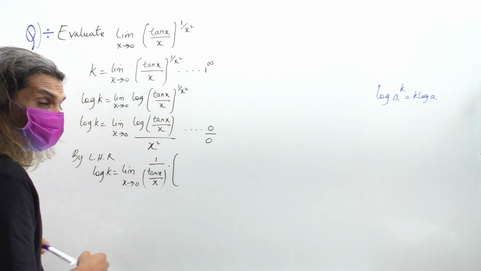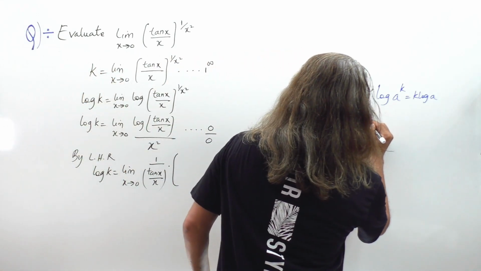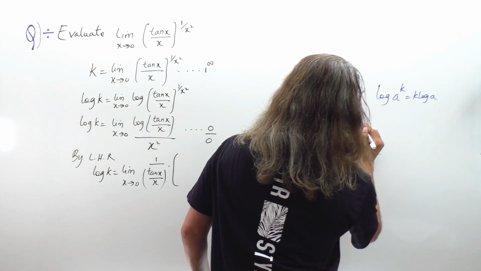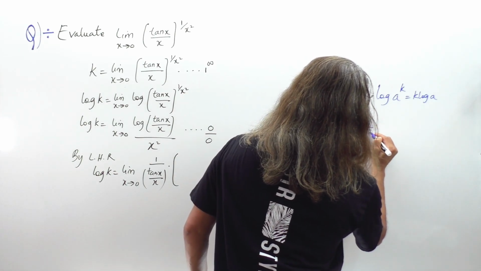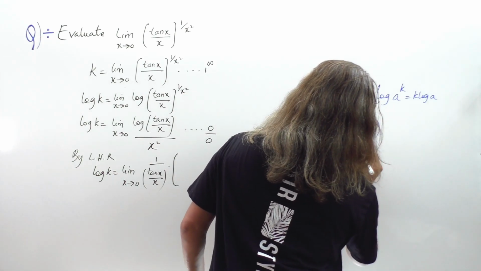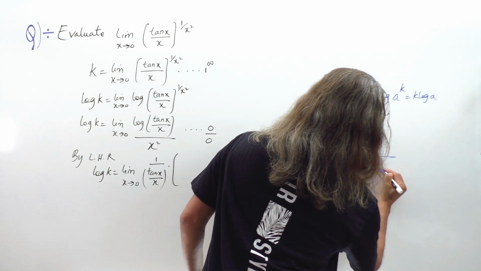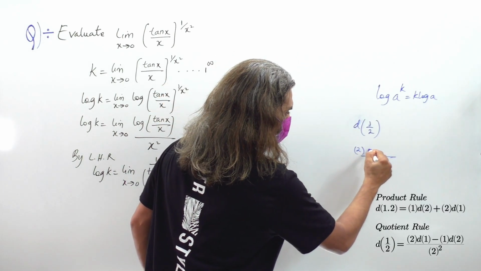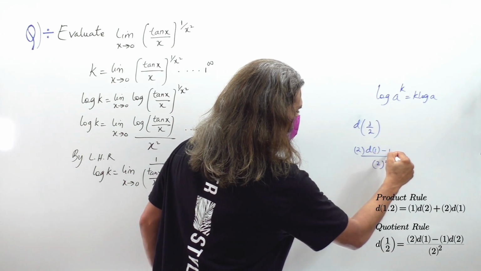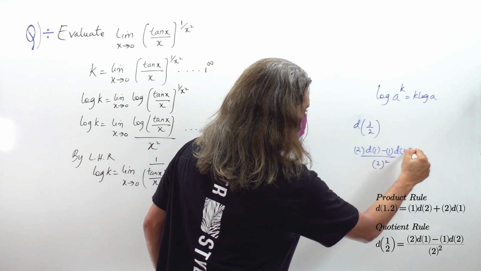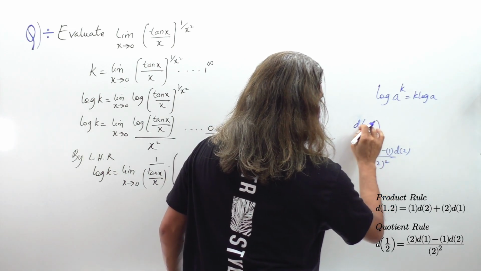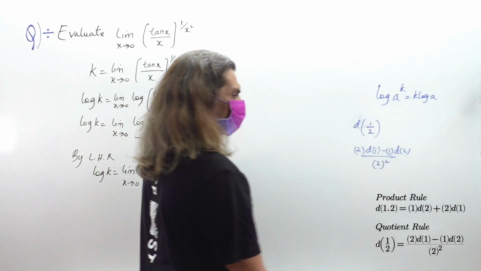I will write it again for you if I have forgotten. Differentiation of first by second function is equal to second function as it is, differentiate first, minus first function as it is, differentiate second, divided by second function square.